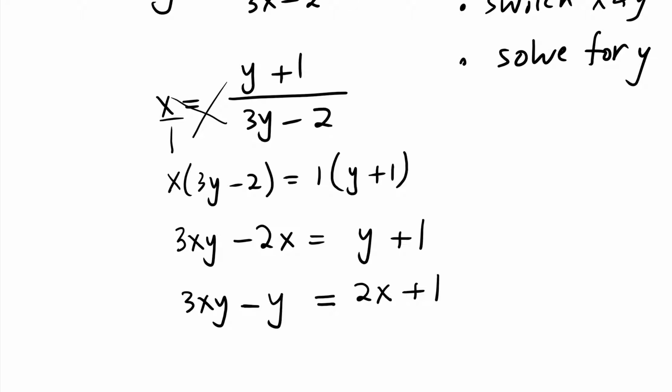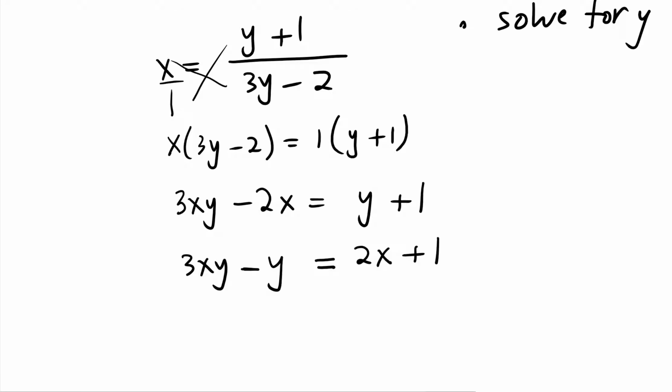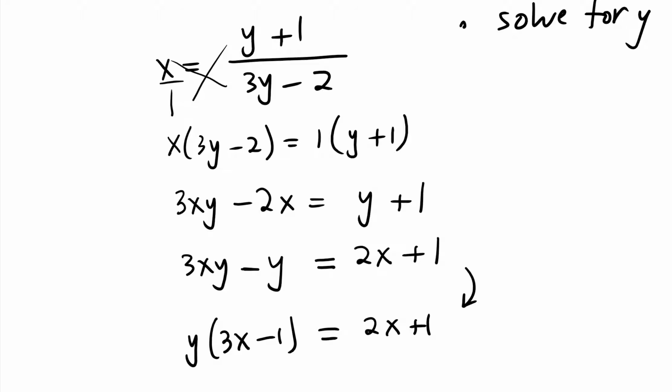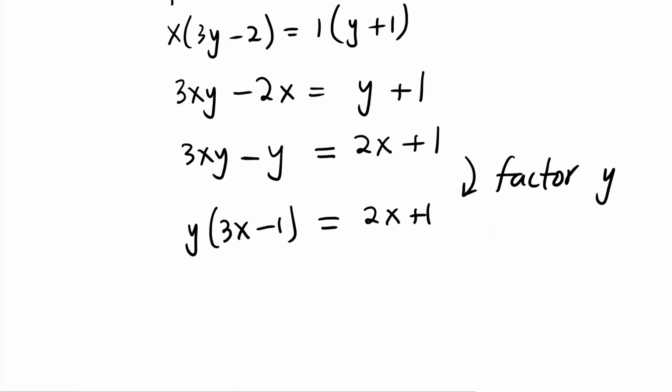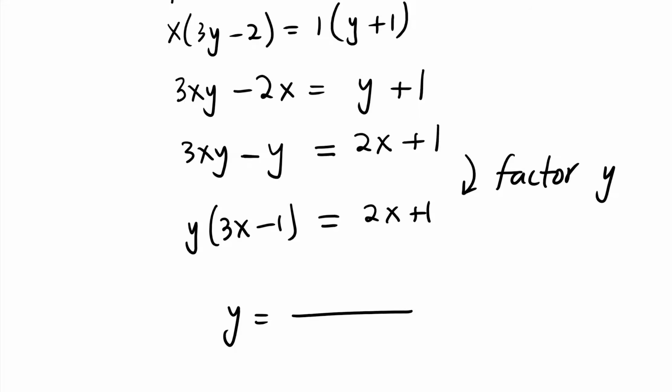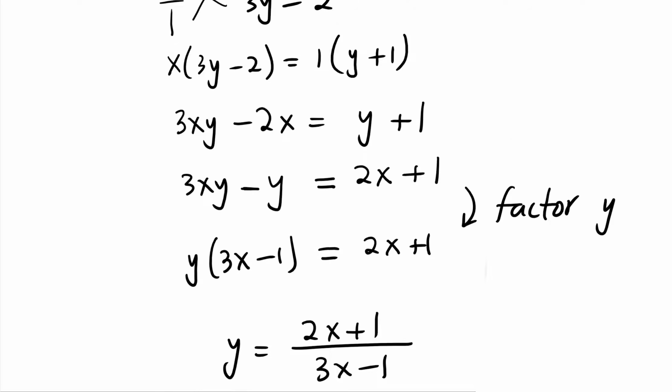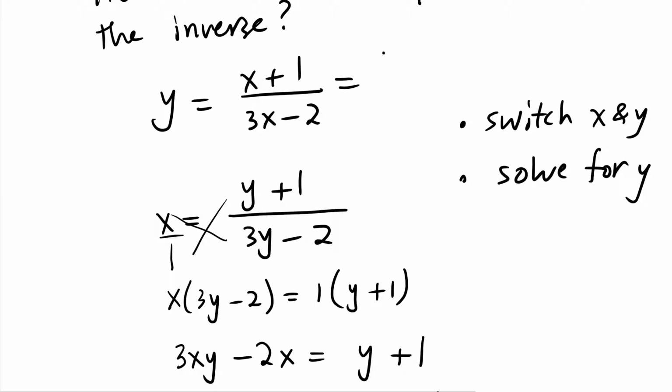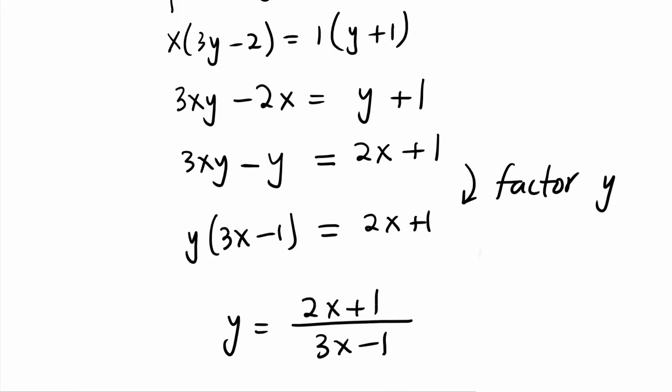So you must bring the terms with the y to the left side. Then factor a y out, so 3x minus 1. From here to here we did factoring. Then divide. So originally, if this is called f of x, this would be the inverse.